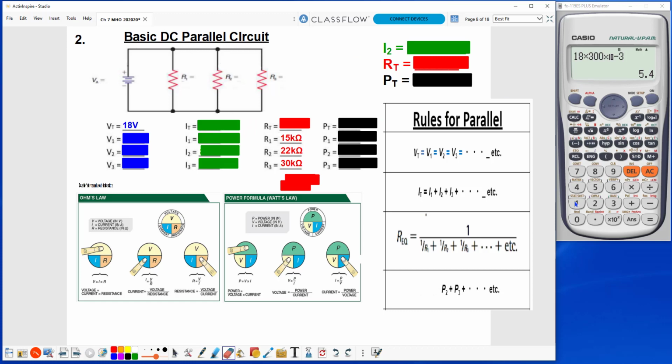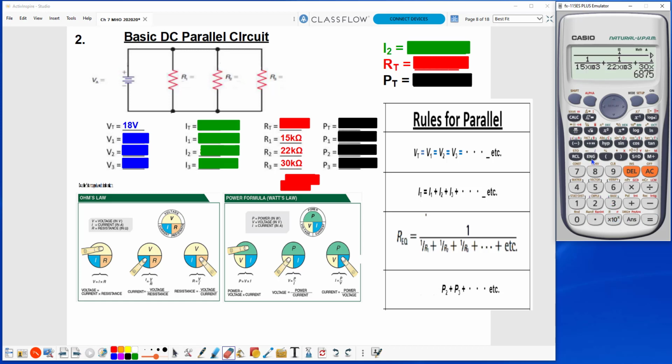So to find RT, I'm going to use the reciprocal formula. It's 1 over under 1 over under 15K. Scroll over, hit plus 1 over under 22K plus 1 over under 30K.